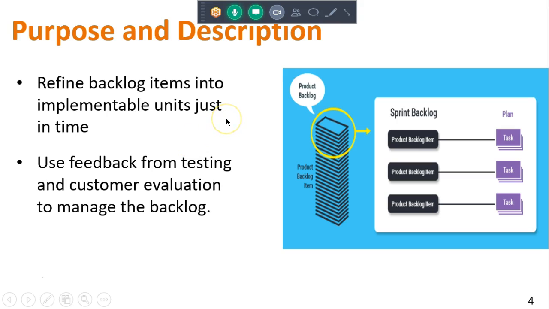Obviously, at the delivery horizon, we're looking at picking up the pieces that we have, user stories that need to be implemented, making sure that we have the appropriate amount of information in order to implement those stories, and then breaking those stories down into a task list that says, in order to do this, these are the discrete tasks that we need to perform in order to implement this particular feature.